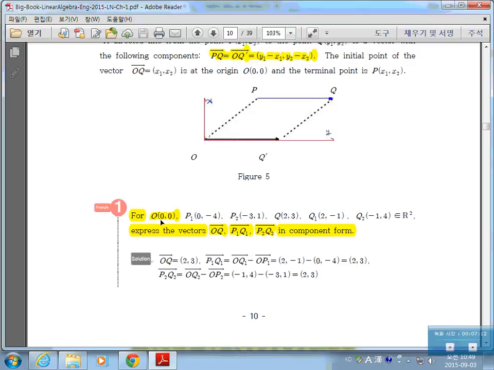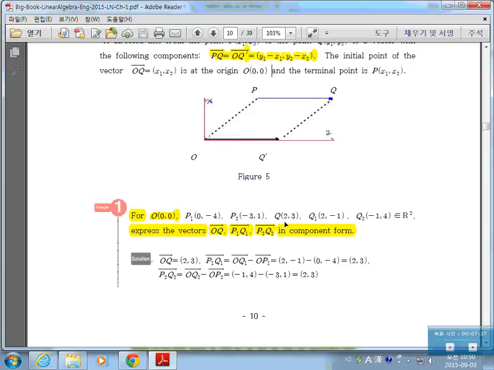If we define the points O, P1, P2, Q, Q1, Q2 like this in R2, then let's express the vectors OQ, P1Q1 and P2Q2 in component form. Okay, so how is the vector OQ? Q is here.